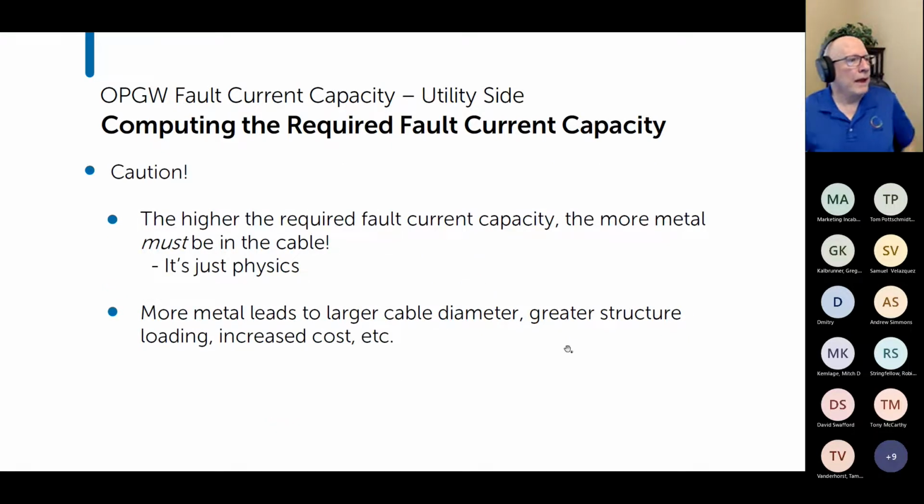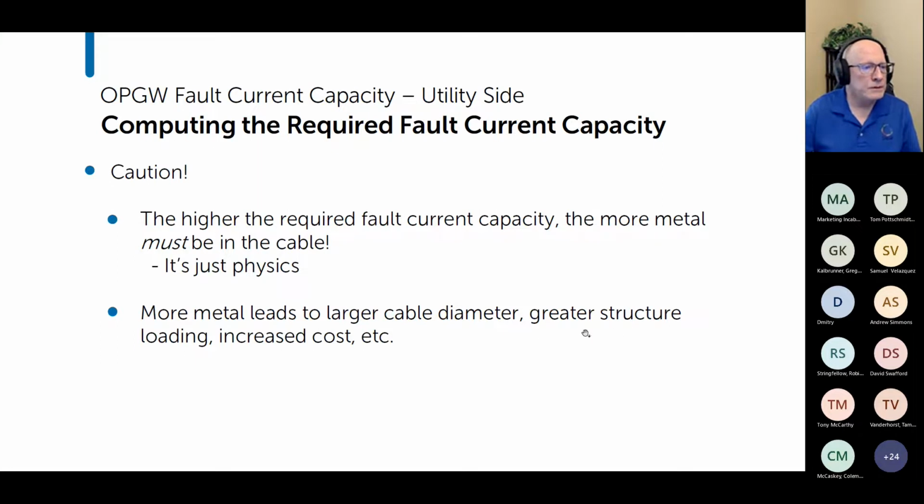And to understand the consequence of that: the higher the required fault current capacity, the more metal must be in the cable. Must be, must be, must be. It is just plain physics. And more metal leads to larger cable diameters, which in turn means higher weight as well.